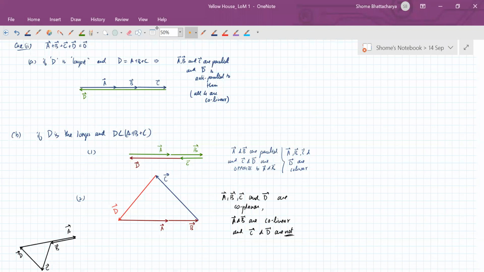So just make a note of these two cases first. Then we'll also come to the case where they can form a quadrilateral. Exactly, they can't form a five-sided figure. If they are forming a closed shape, the maximum number of sides has to be 4.